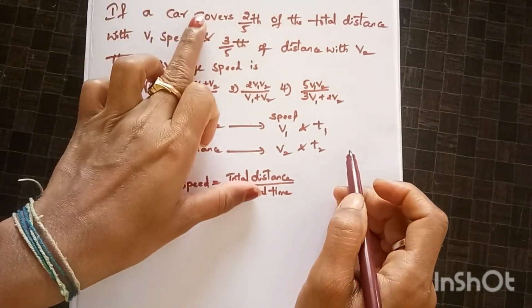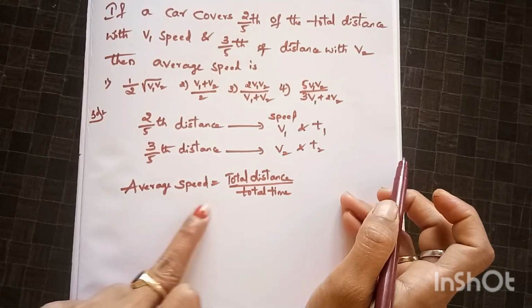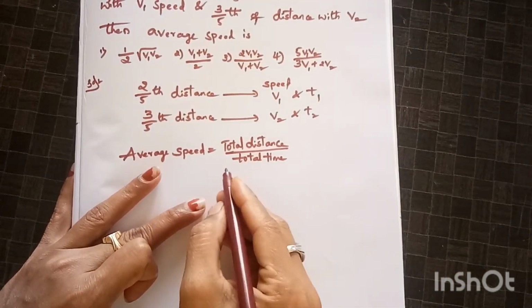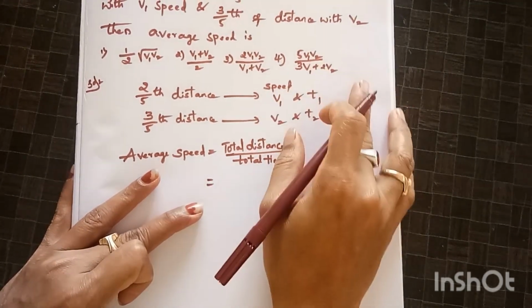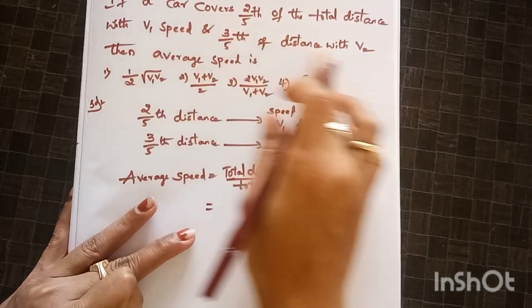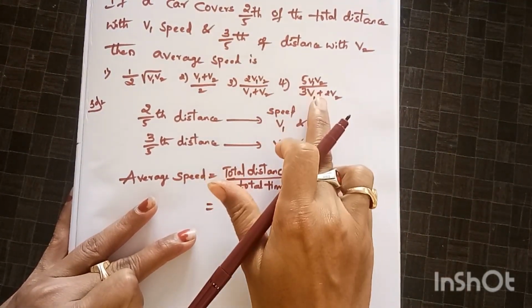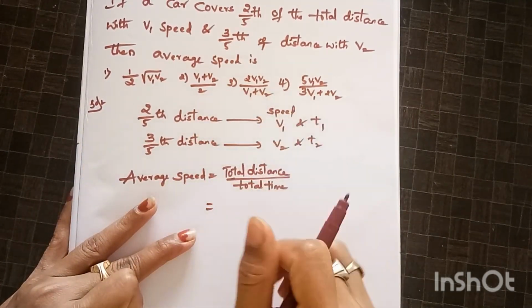The terms they have given are v1 and v2, so we should convert the average speed into the form of v1 and v2. The answer should be in the form of v1 and v2. You can observe the options: all options are in the form of v1 and v2.